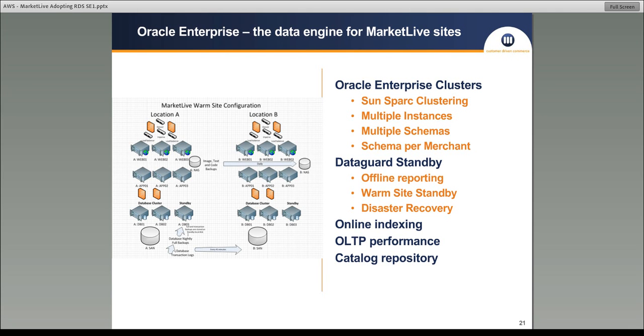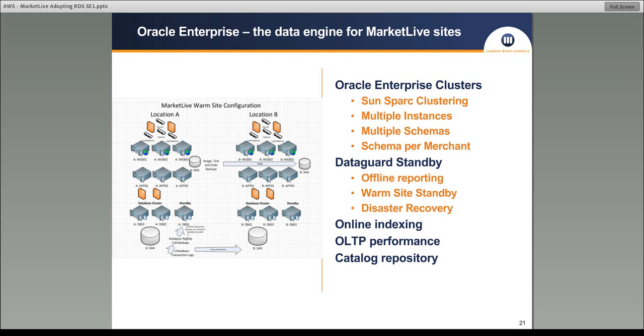The Oracle Enterprise clusters that we run in support of this are the core transactional engine there. They're running on Sun SPARC machines, 5120s and 5220s, T4 and T3 clusters. They run multiple Oracle instances on each cluster, and multiple schemas within each one of those instances.